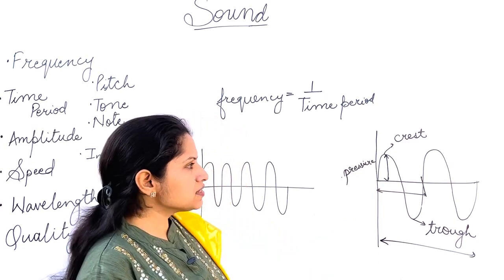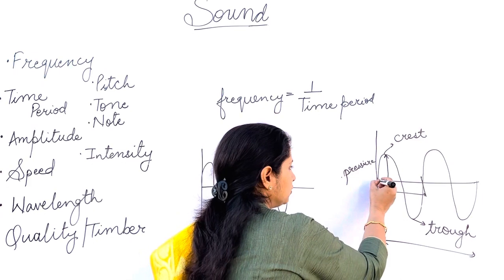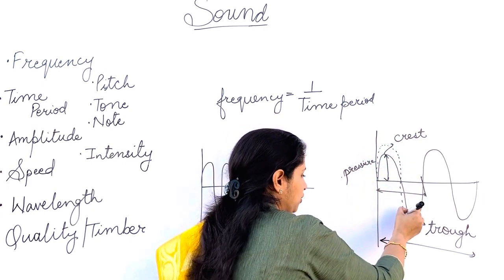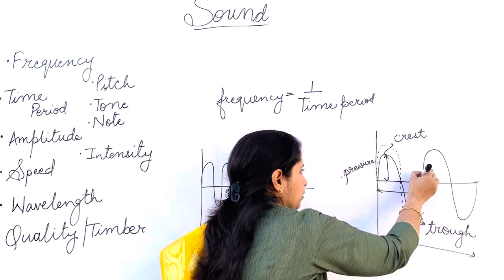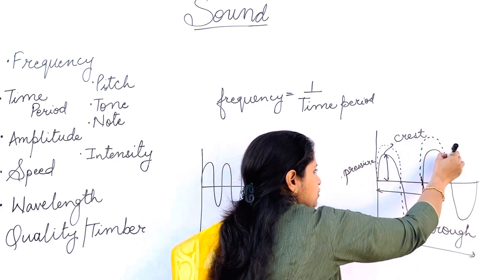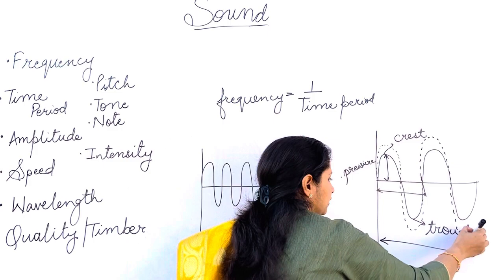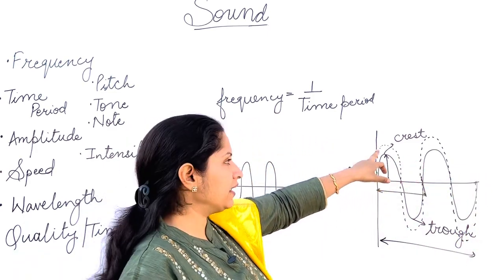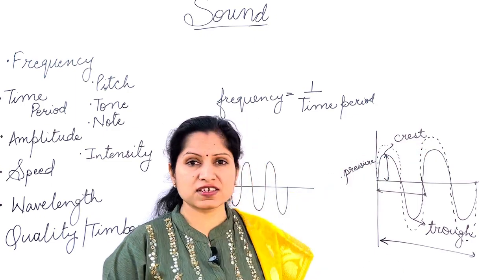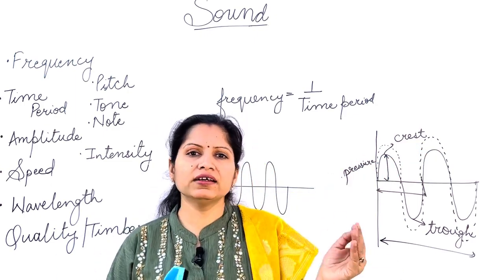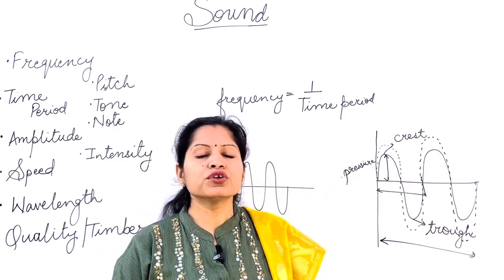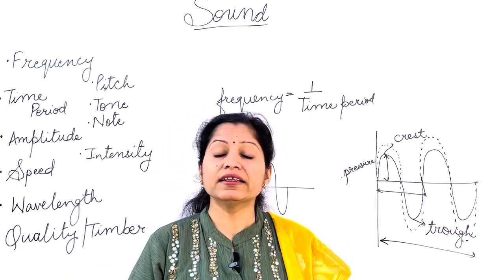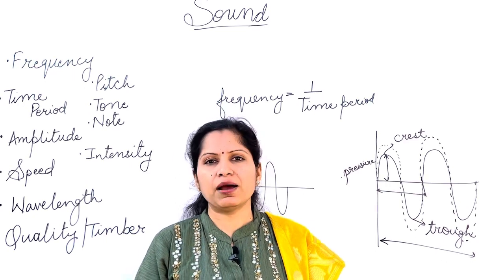Suppose I plot another graph where the frequency remains the same, but the pressure changes are more. The compression and rarefaction is more. Then this dotted line represents higher amplitude. So the force with which we are pushing the waves will decide the amplitude.